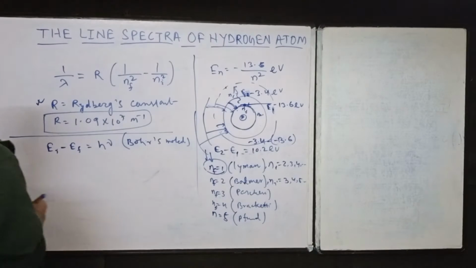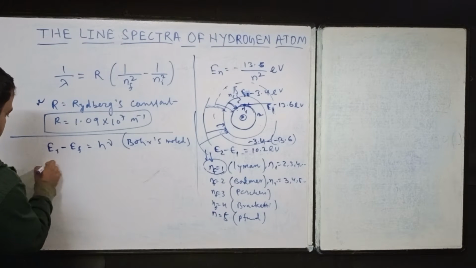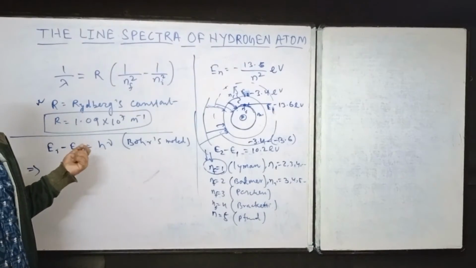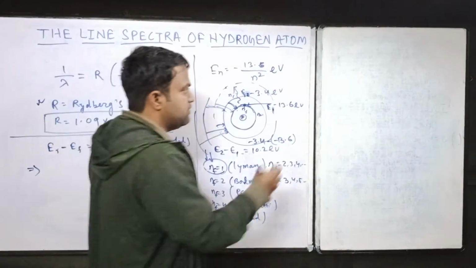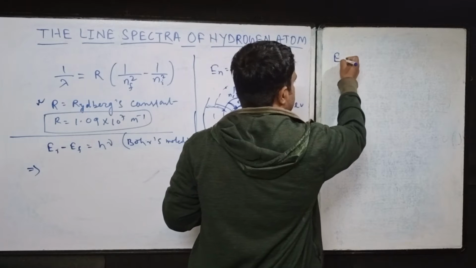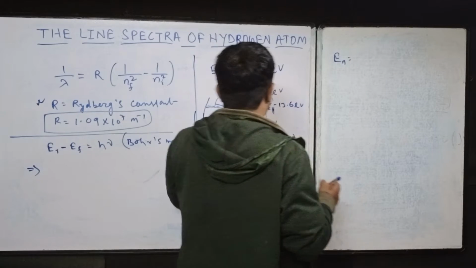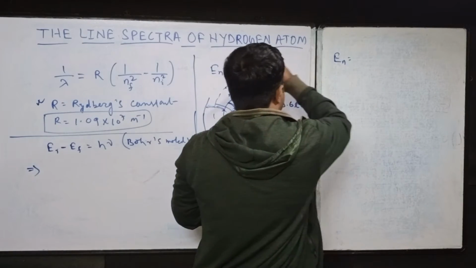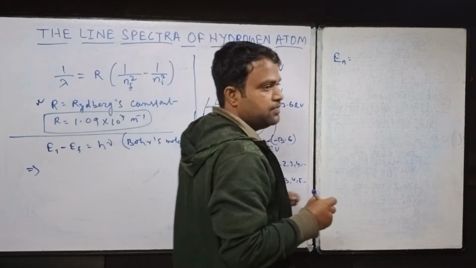So Ei minus Ef. Now the energy we have calculated in Bohr's model. If you remember, the energy En, and before that also we calculated how this 13.6 came up.